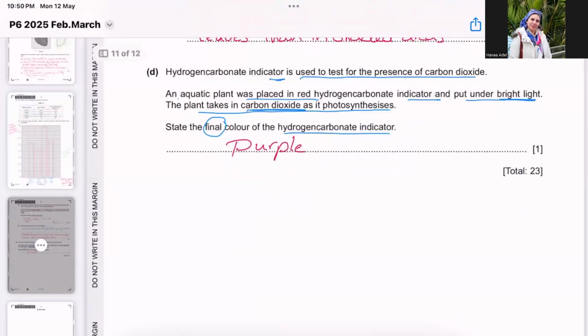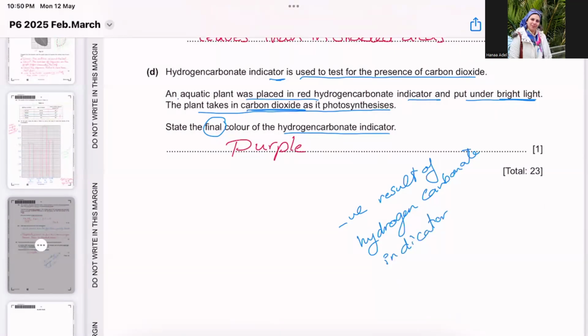So they ask here about the negative result of hydrogen carbonate indicator of carbon dioxide. They need a negative.